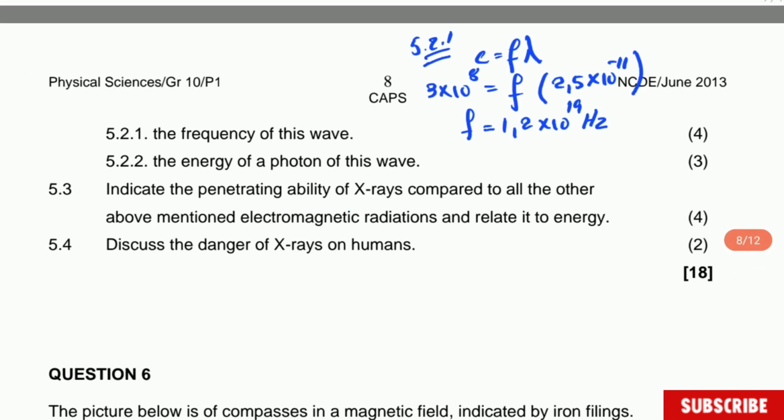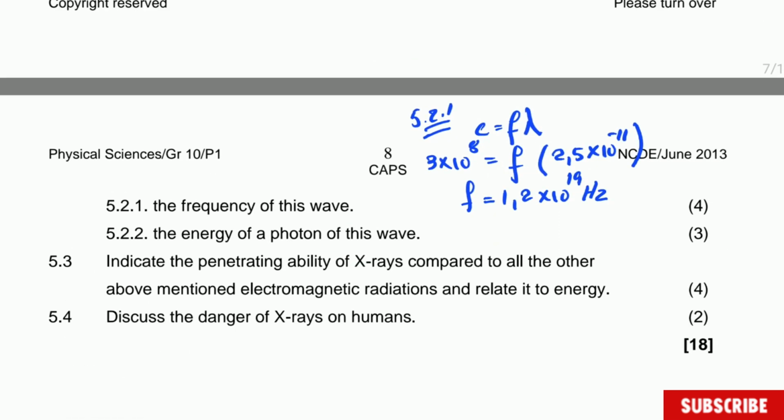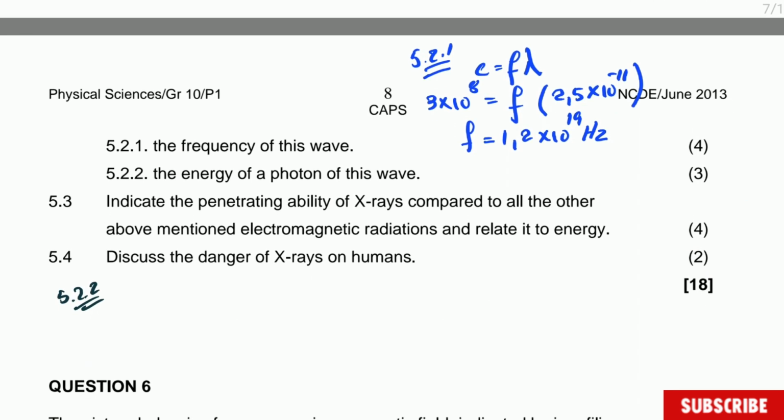We are at question 5, so we're going to answer that question here, 5.2.2. You are looking for the energy, guys. Energy of a photon is equal to h, which is a constant and is given to you there at the bottom, multiplied by the frequency. When you substitute everything, you get 6,63 times 10 to the minus 34.